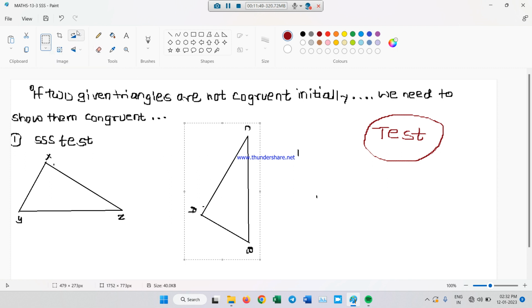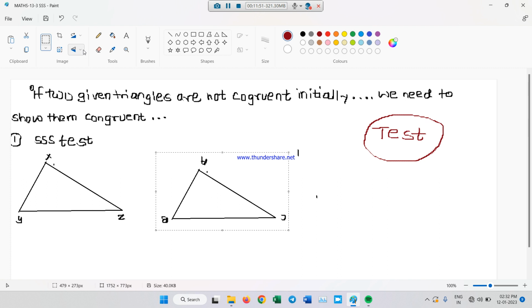I am rotating it. मैच हुआ? नहीं. मैच हो गया. तो चलो, अगर मैच हो ही गया है तो 1-to-1 correspondence भी लिख दो. कौन किससे correspond करता है? Point X is corresponding to point A, point Y is corresponding to point B, and point Z is corresponding to point C. Okay, this is our 1-to-1 correspondence is done.